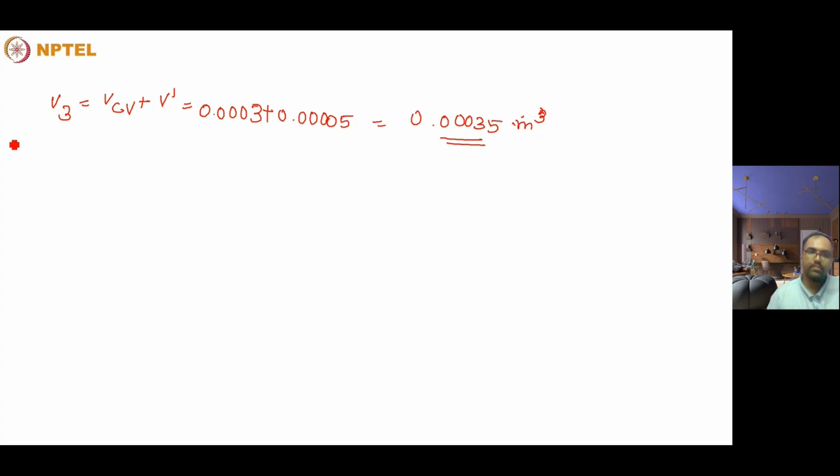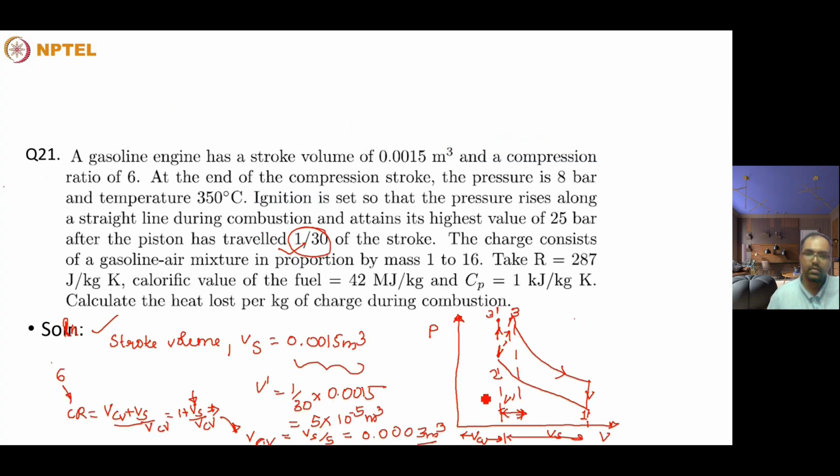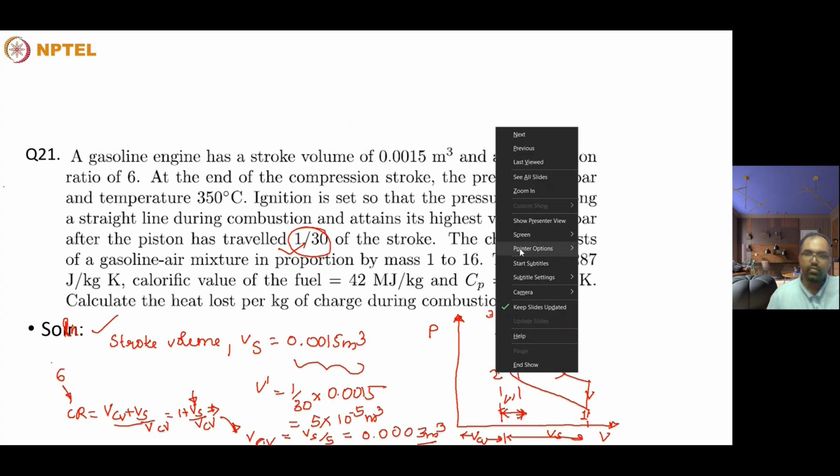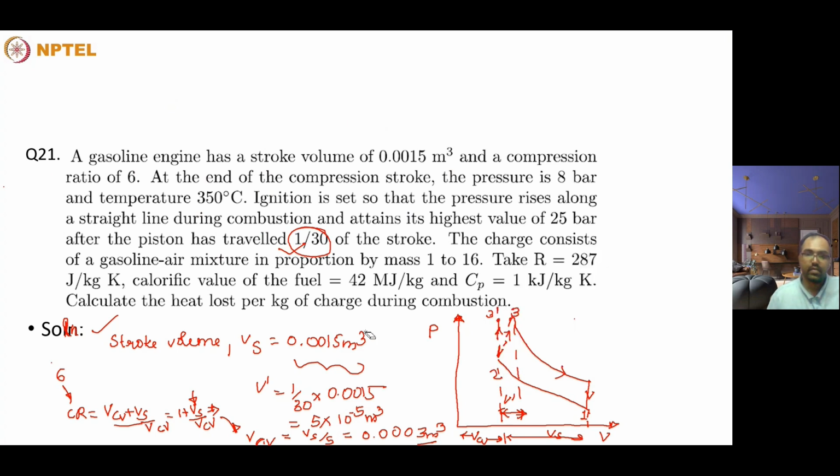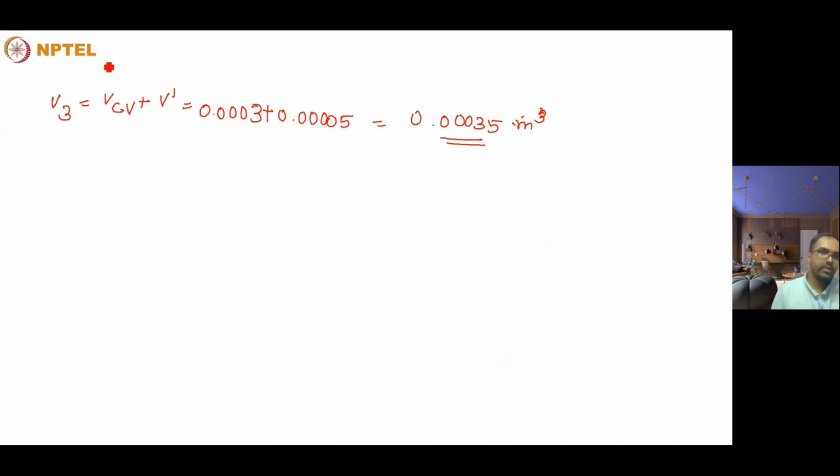We know the temperature at the point 2. It's been given in this problem that the pressure is 8 bar and 350 degrees Celsius at the end of compression.